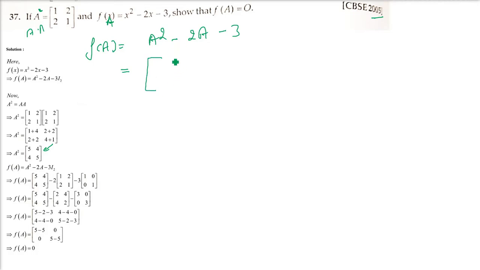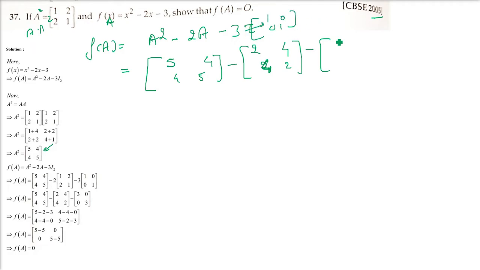It will be 5, 4, 4, 5. And minus twice of this, so multiply this by 2: 2, 4, 4, 2. Okay. Then minus 3 into I, it will always be the identity matrix. So it will be 3 on the diagonal, 3, 0, 0, 3. Now let us compute.